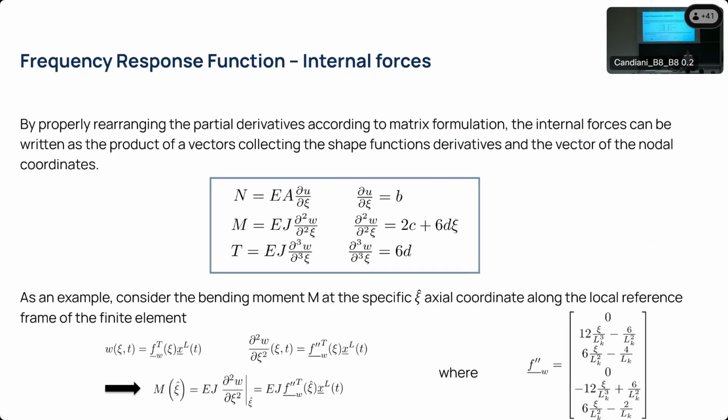Then we assemble everything to express internal actions as a function of a product of our shape functions and their derivatives, which now are much easier, times the nodal displacement of the nodes which neighbor each of the elements.